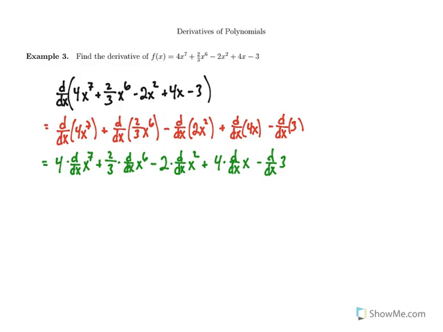So what I've boiled this whole problem down to is 1, 2, 3, 4, 5 applications of the power rule, and then I just need to do some algebra past that.